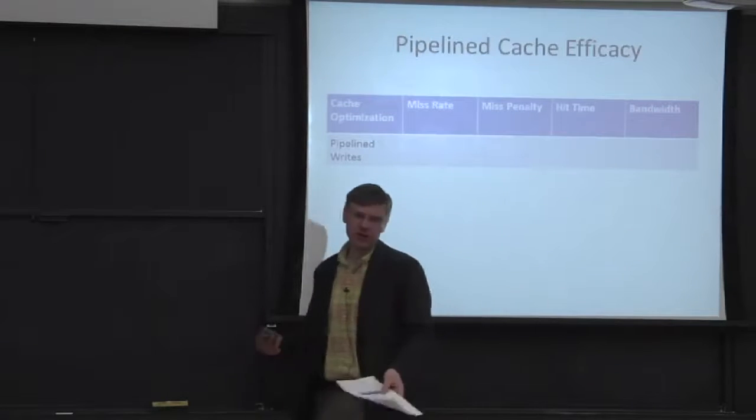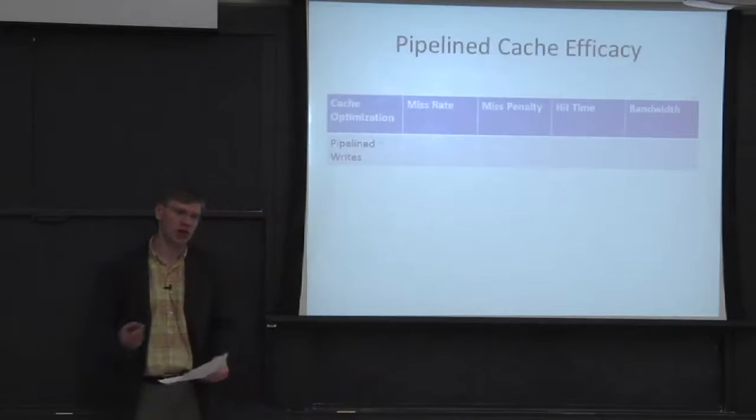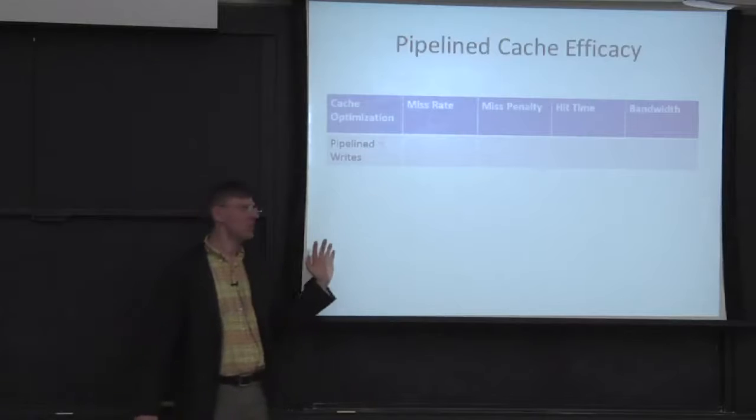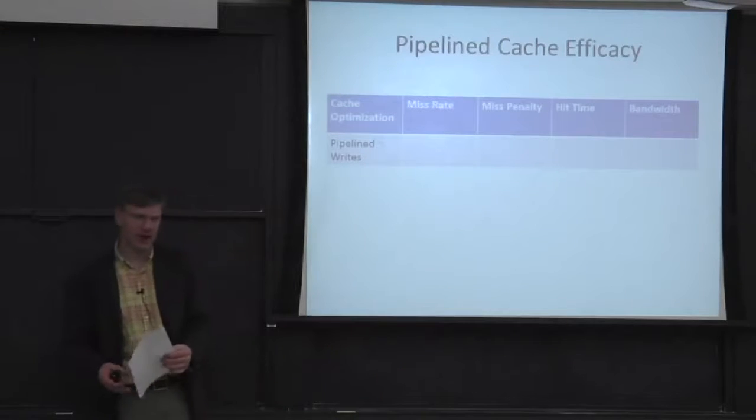All these things are going to factor into performance. And not all of the optimizations we're going to talk about today touch all of these. In fact, most of them only touch one or two at a time.